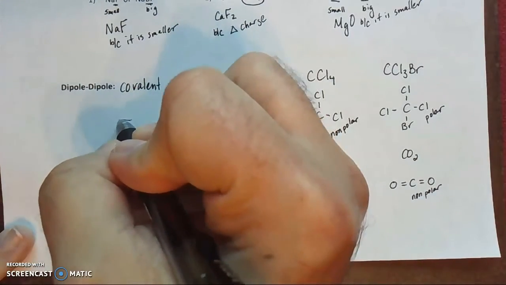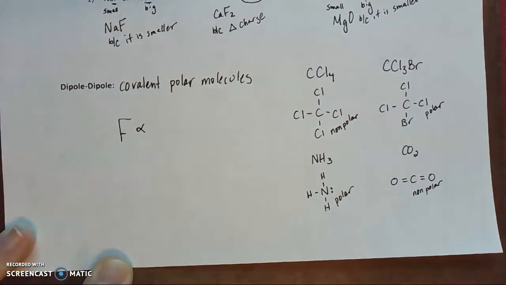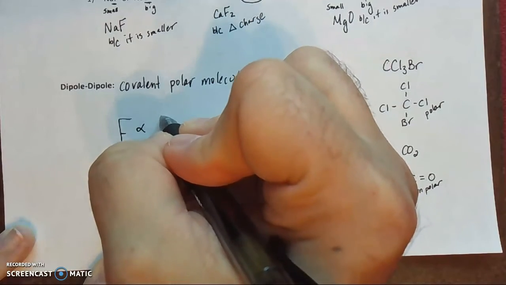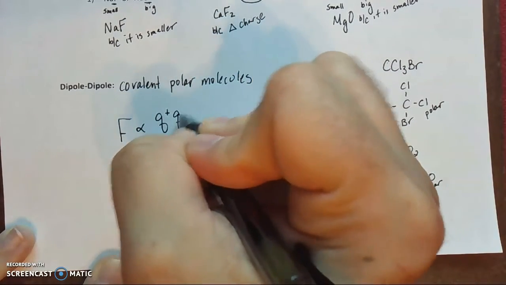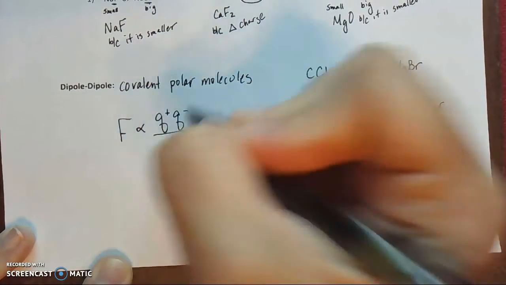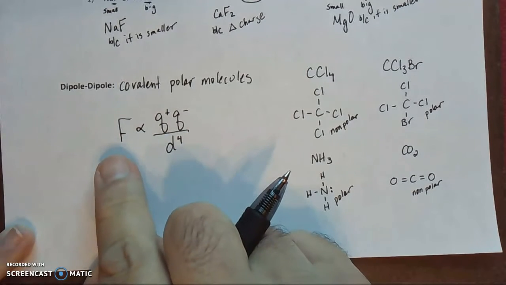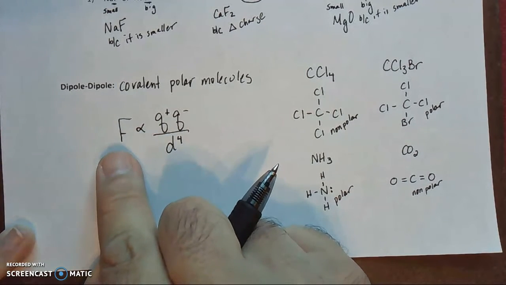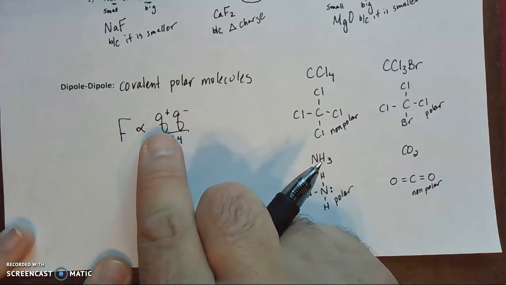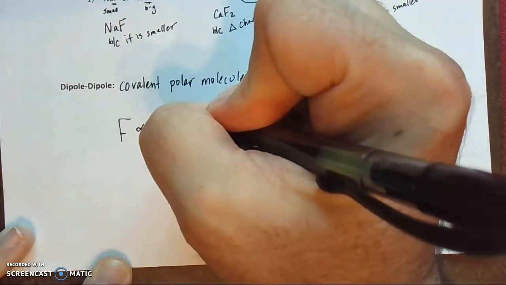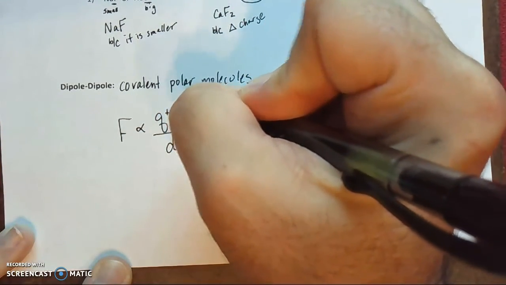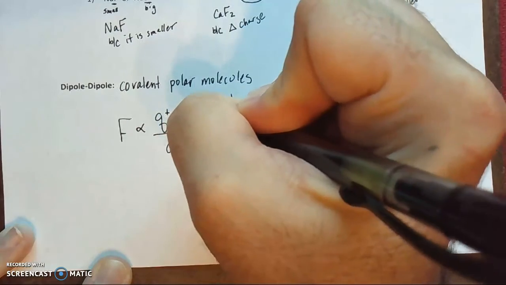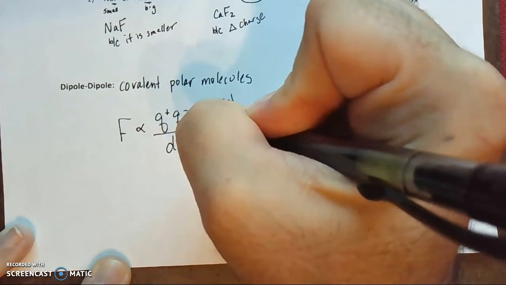And if we look at the proportionality statement with force, we're not going to use this like we did for ion-ion. I just want to explain how this one varies. So in this case, the force, which is going to be a lot smaller than ion-ion in magnitude, is based on the charge difference, but these are only partial charges, which are called dipoles.